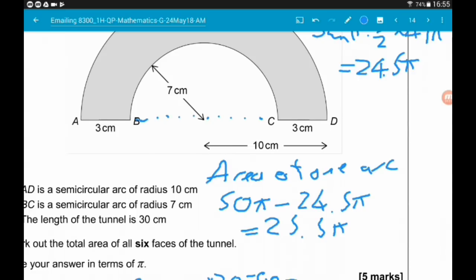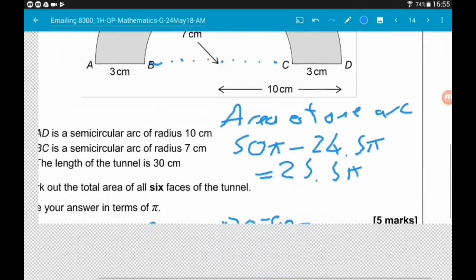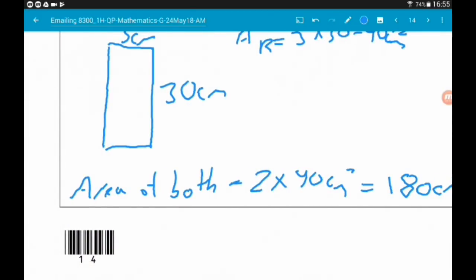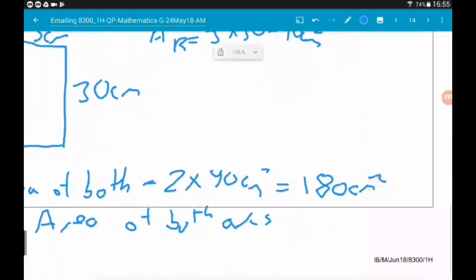So that is the area of one arc. The area of both arcs is 2 times 25.5 pi, which gives us 51 pi centimetres squared. So up to here we've got both the rectangles and both the arcs.